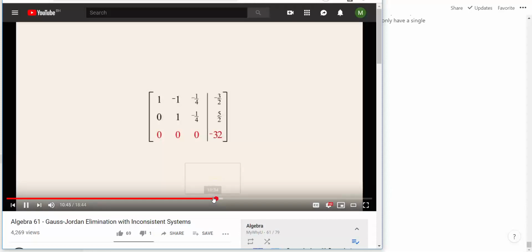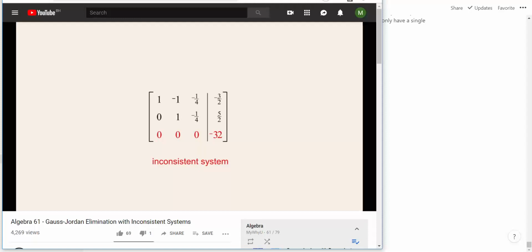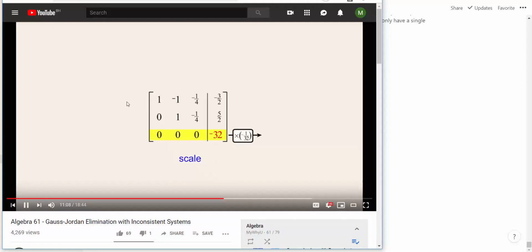The system is inconsistent. At this point, we can stop since we know that the system has no solutions, or we can continue until the matrix is in reduced row echelon form. To do this, we change the leading entry of row 3 to a 1, using a scale operation to multiply row 3 by -1/32. Oh yeah, of course.